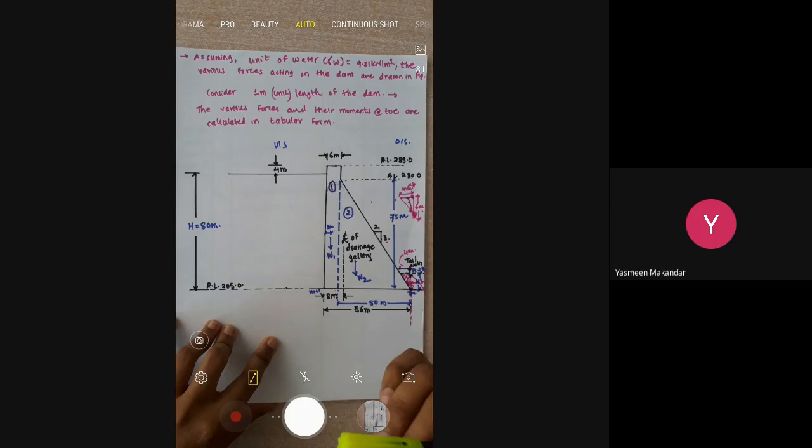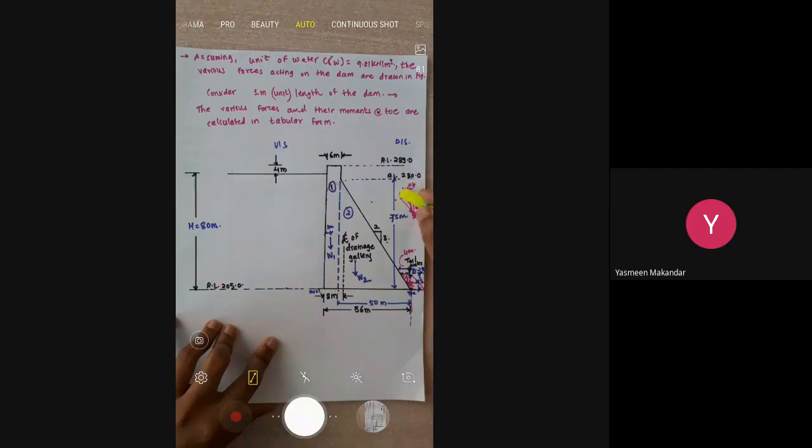In the previous class we have worked out W1, W2 and the moment of these two forces. Additionally, the water which is stored in this portion on the downstream side in a triangular wedge portion, that also we have worked out, so that it will act in a vertically downward direction. A little exaggerated figure I have tried to draw over here. You are observing here itself.